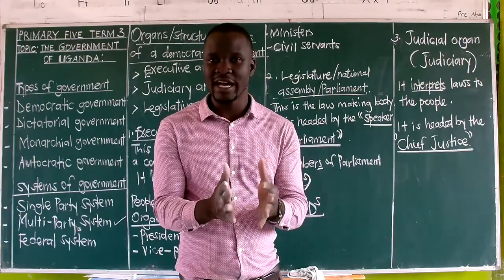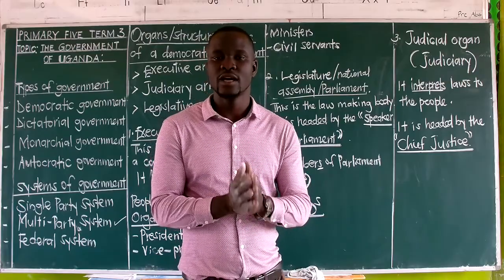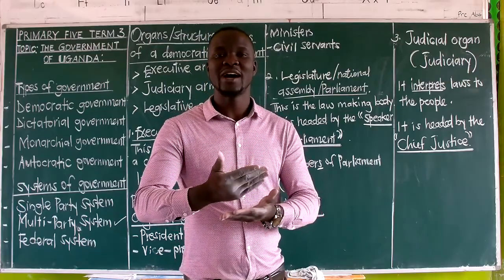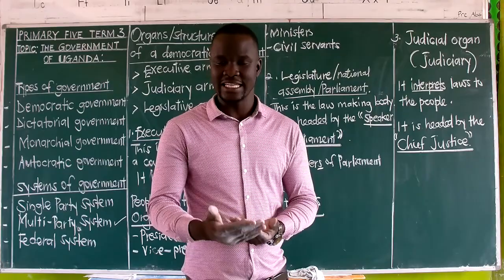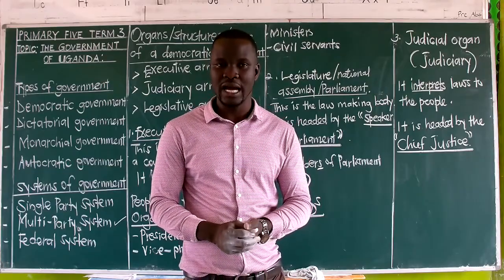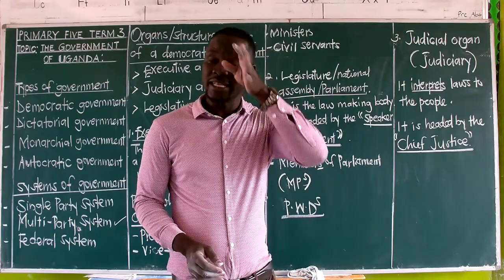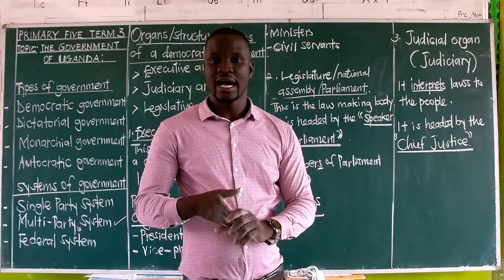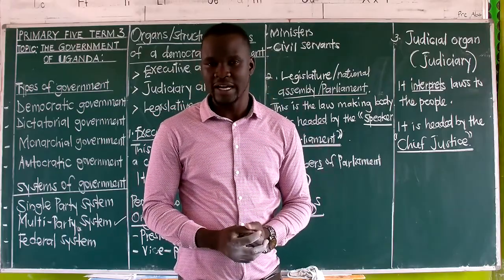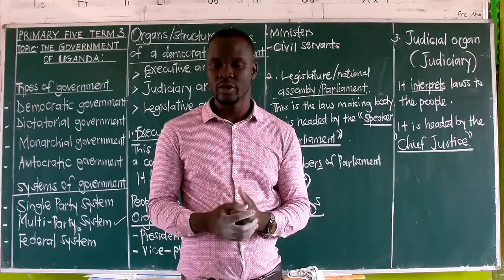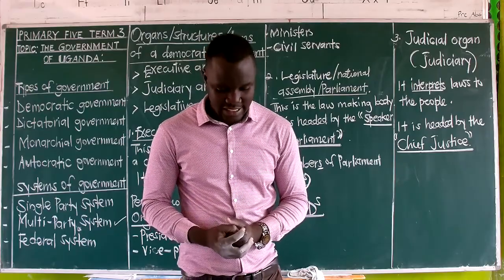When we talk about the lawyers, the magistrates, the judges, we are looking at the people who hear the cases of others. When you commit a crime, you will be taken to that court, and then they will be the ones to try you, and then they give you the sentence according to what you have done.